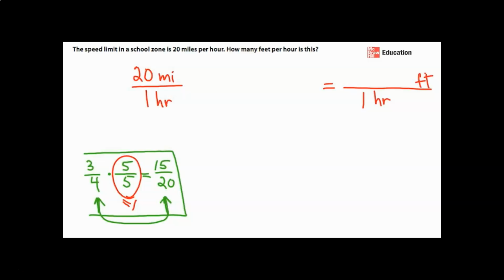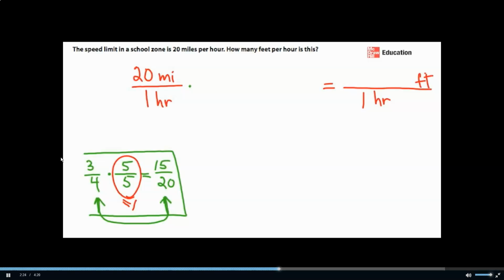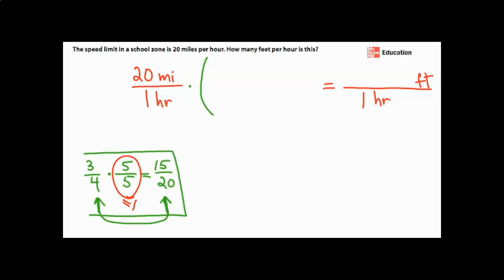Now, what does that have to do with the problem that we're working? Well, what we're going to do is multiply 20 over 1 by a fraction that is equivalent to 1. It's going to act like a converter fraction. So we're going to keep 1 mile in the denominator, but since we are asked to convert from miles to feet, we're going to put feet in the numerator.